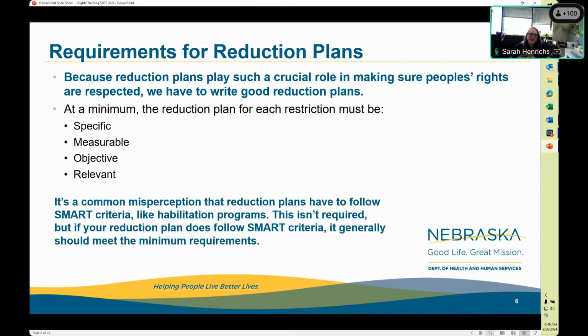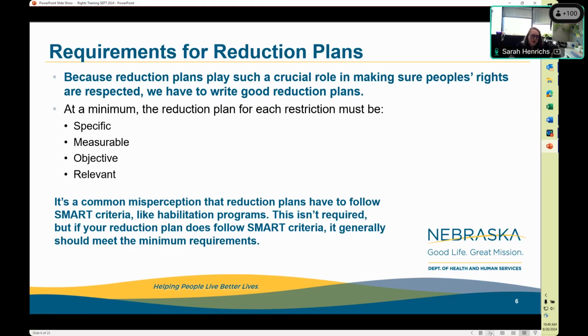Measurable. It has to be something that, if any of you got hit by a truck tomorrow, whoever is covering that participant's case can pick up that plan and go look at some sort of measurement and say, yes, this person is making progress, but they haven't met their reduction plan.